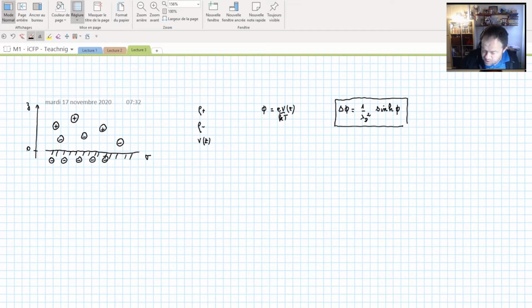We had also written the boundary condition at z equals 0: d phi divided by dz is related to the charge at the surface, and it was minus 2 divided by l_G, where l_G was the Gouy length, and lambda_D was the Debye length.